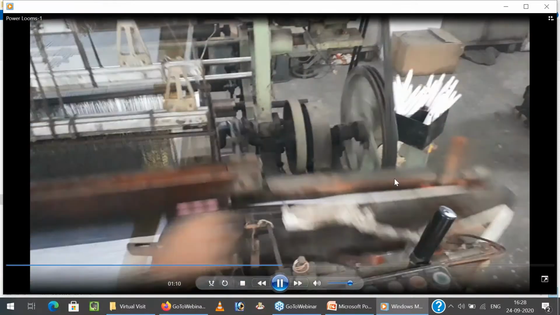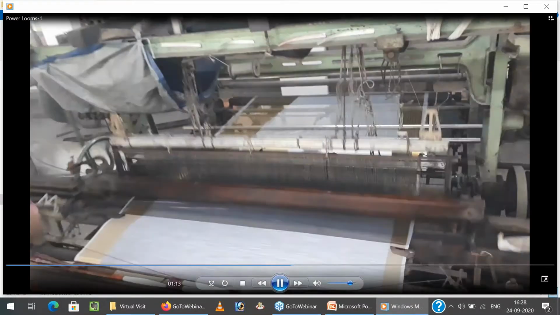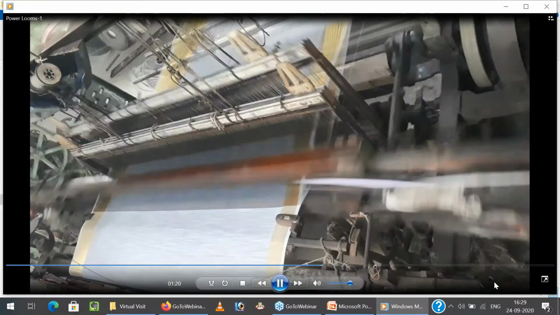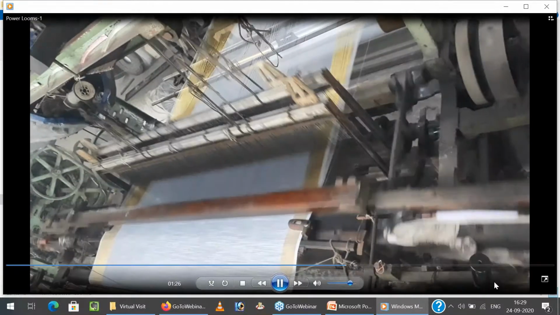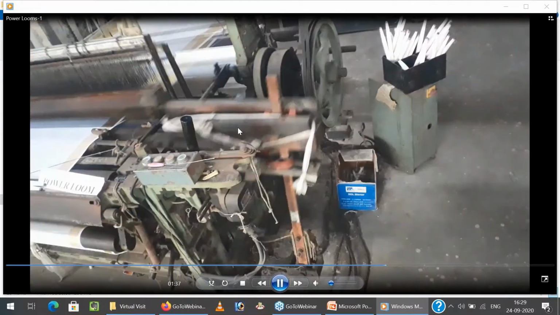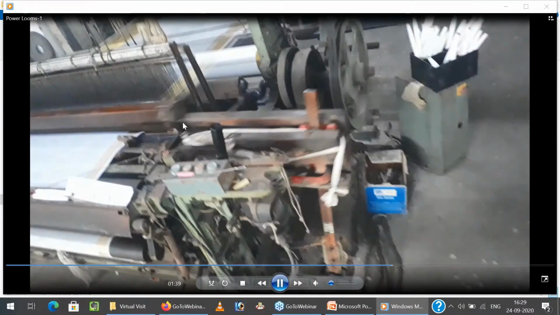Then it started, and the shuttle moves from one side to another side. So this is how the power loom works.